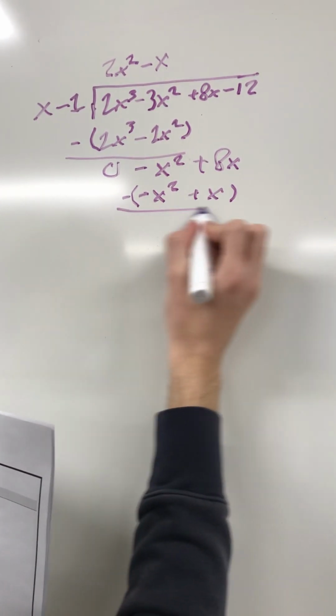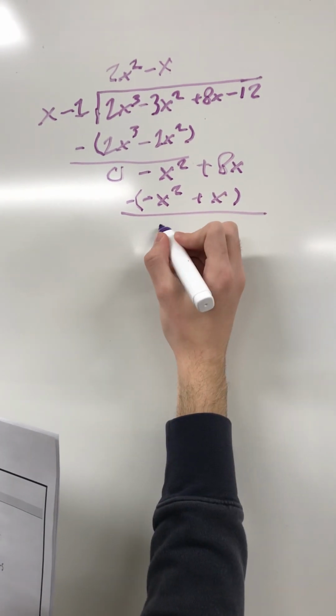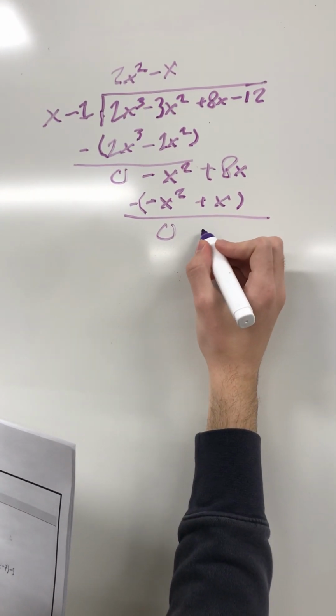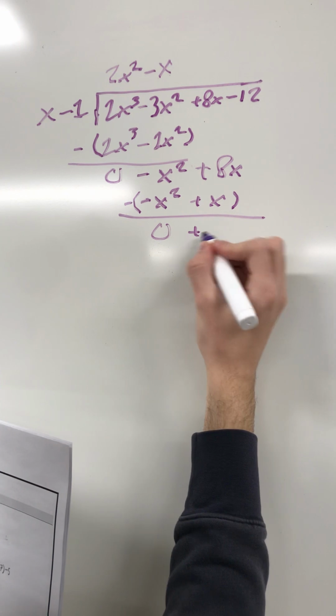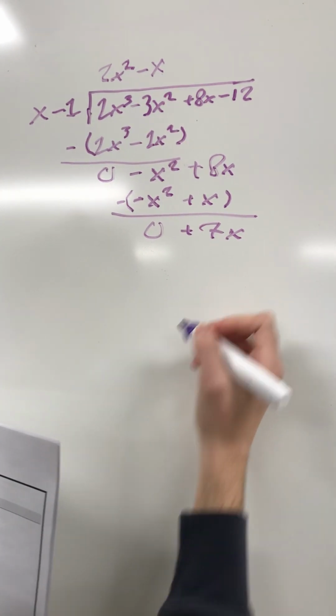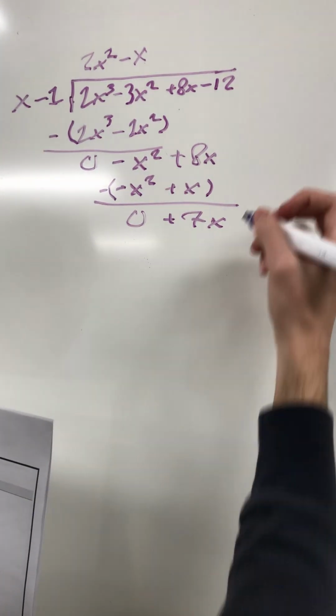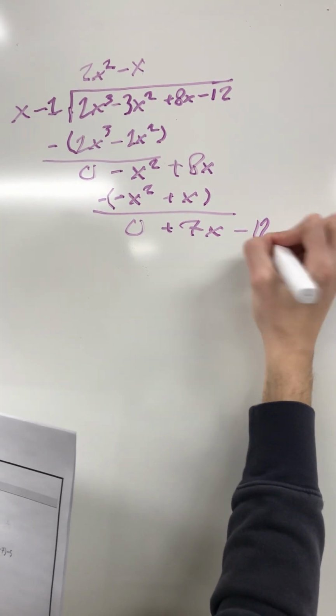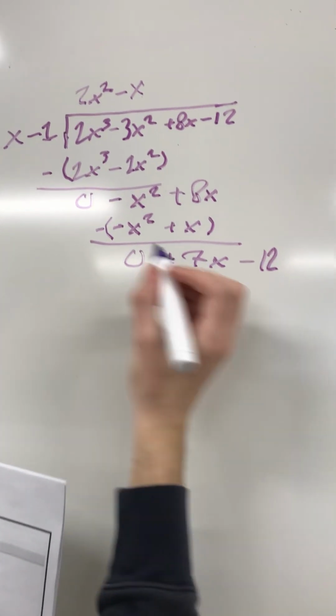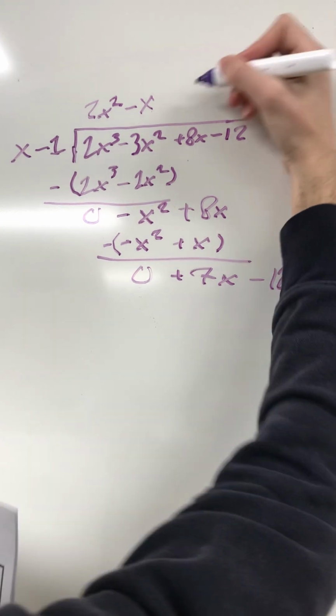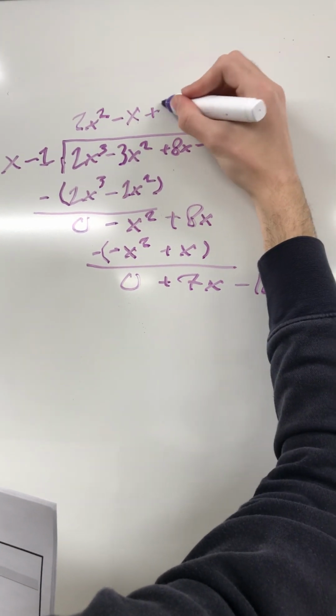Then you subtract this from that, and that gives you 0 plus 7x. And then finally you got this. So you do the 7x divided by x again, and that gives you plus 7.